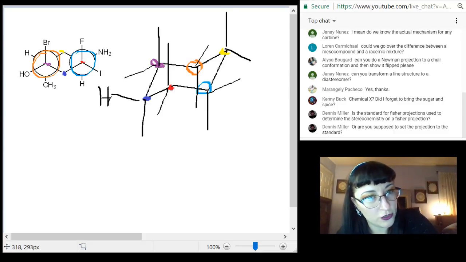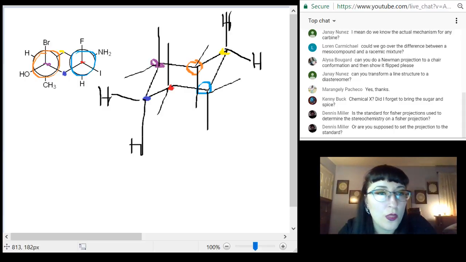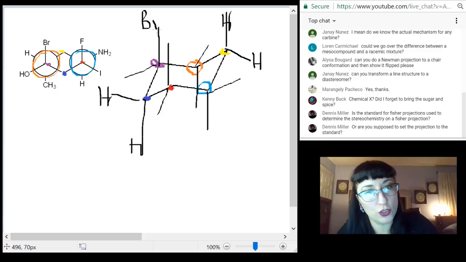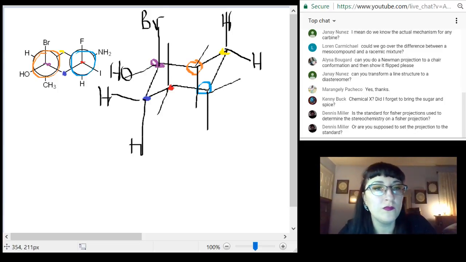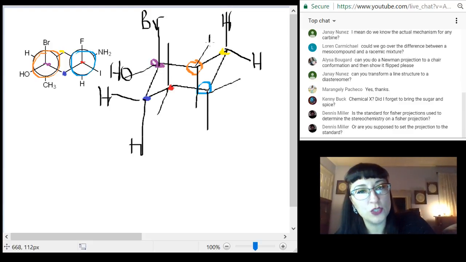So here I have a hydrogen, here I have a hydrogen. The yellow one has 2 hydrogens on it, the one in the back. The purple one has a bromine and a hydroxyl. The bromine's pointing up, so I have to show that as the one pointing up, and the hydroxyl's pointing down. Got it. The orange one has a hydrogen and a methyl group. Hydrogen's pointing up, methyl group is pointing down.